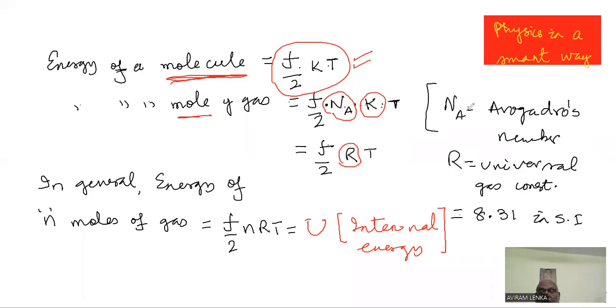Thereby, for n moles, we multiply the number of moles with the energy of 1 mole, f by 2 into RT. For n moles, that is f by 2 into nRT. That is supposed to be the total energy of a gas, and that total energy is usually branded as internal energy.